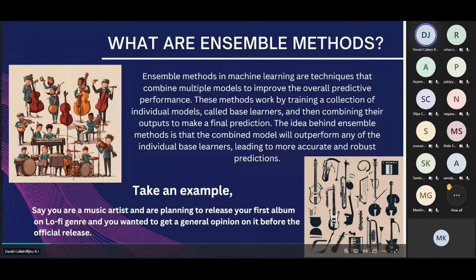It's because the criticism you get will be more diverse in this manner. The group might contain people who are expert in this domain, and it might also contain people who are novice to this domain as well. So you'll get a balanced view without some super specific opinion nor any utterly basic opinion. So that's it about what exactly an ensemble method means.